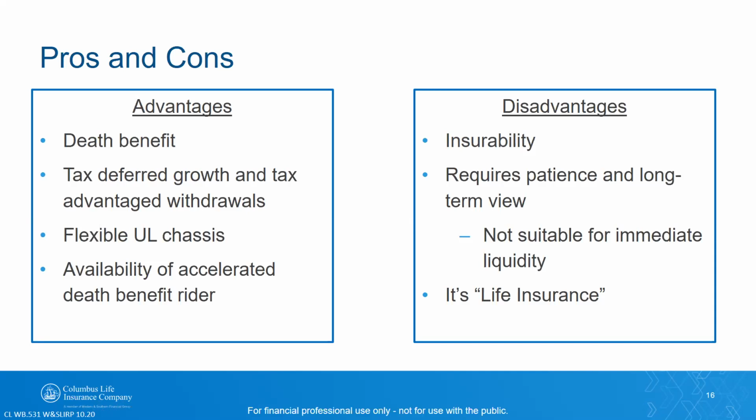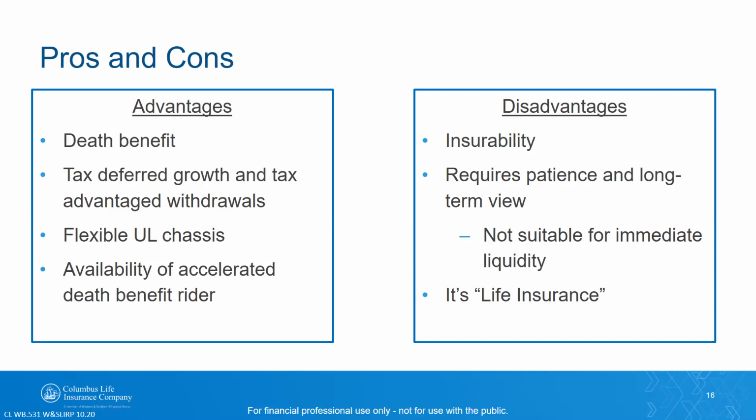Certainly having to be insurable is one of the disadvantages. It requires patience and a long-term view. This is not suitable for immediate liquidity or even intermediate liquidity. Your client needs to have at least a 10 to 15-year timeline before they're going to access these funds. So if they're already 60, 65 years old and they're going to need access to this money in the next 5 or 10 years, it may not be the appropriate product to use.